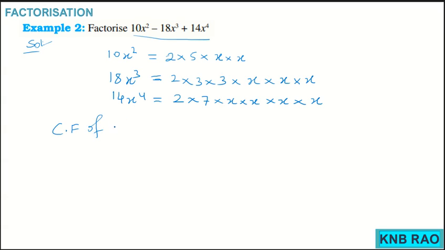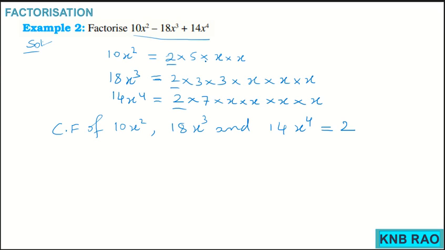So the common factor of the terms 10x square, 18x cube and 14x to the power 4 will be, since 2 is there in all, I am taking 2 once. 5 is there alone in 10x square, not in the other two, 3 is there alone in 18x cube, and 7 is there only in 14x to the power 4.